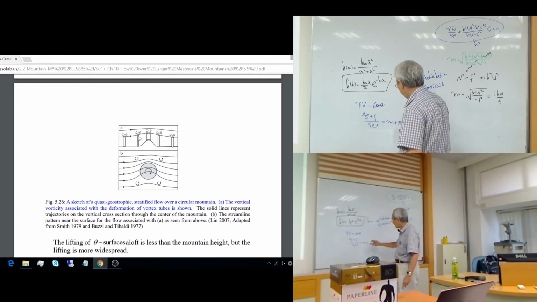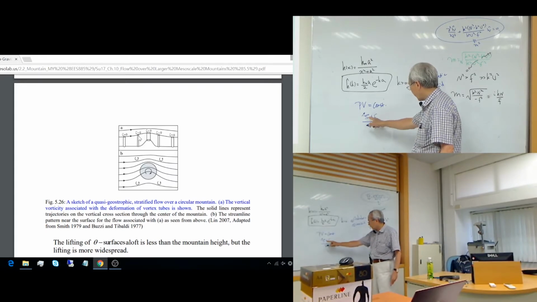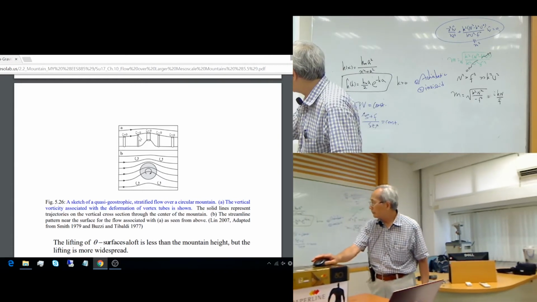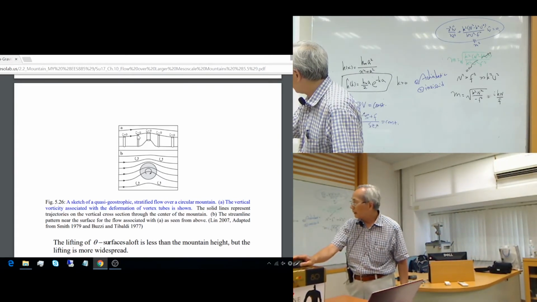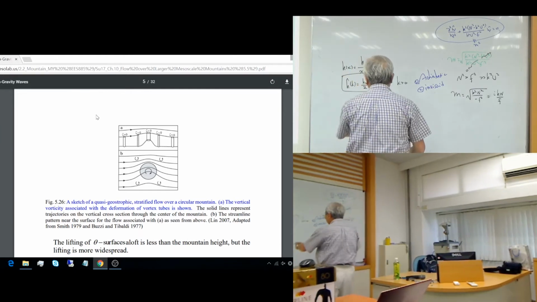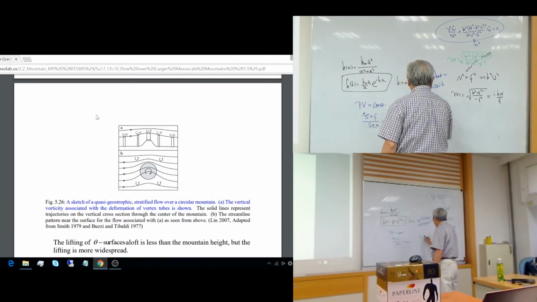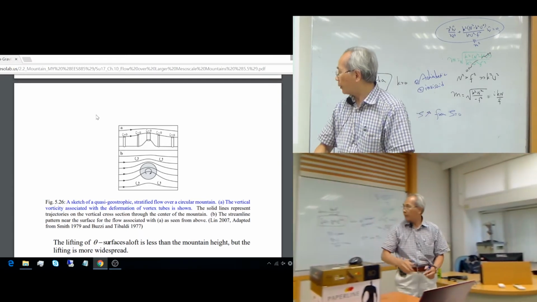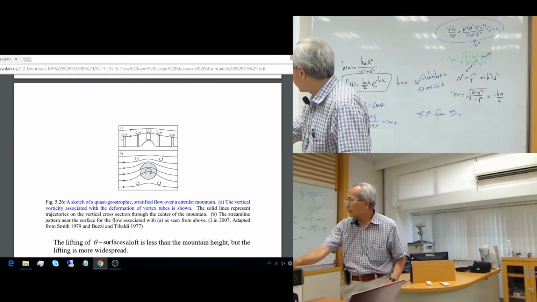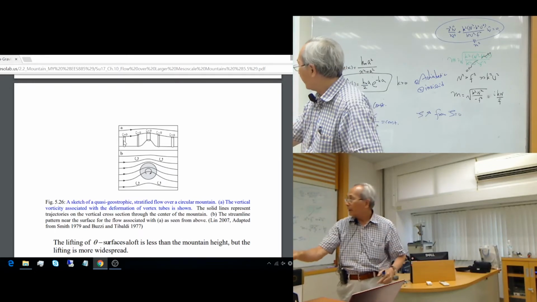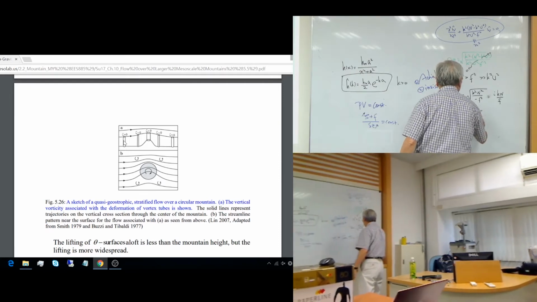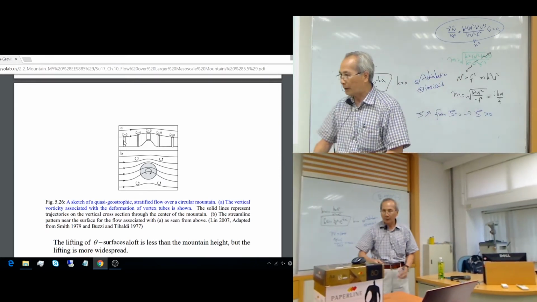So at upstream, upslope here, zeta increases from zeta equals 0. Upstream we assume zeta is equal to 0, no rotation. Then that means at that point zeta will be positive. That's why we say positive here.